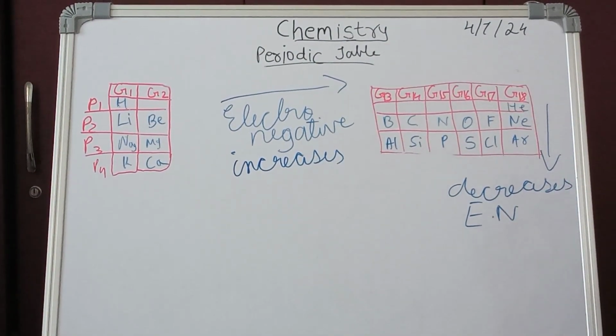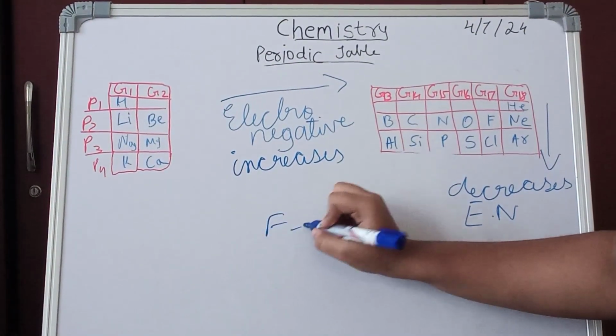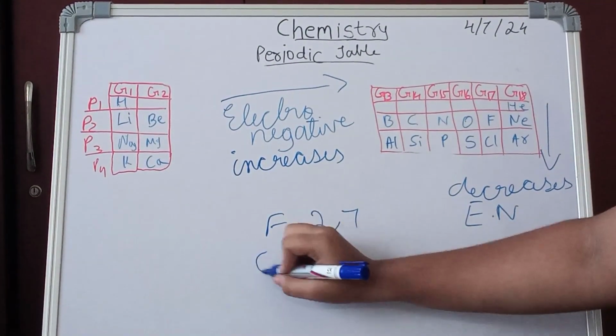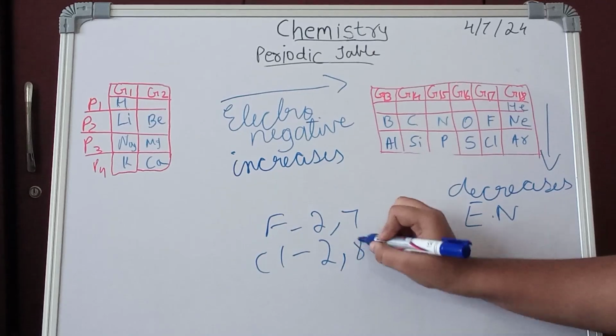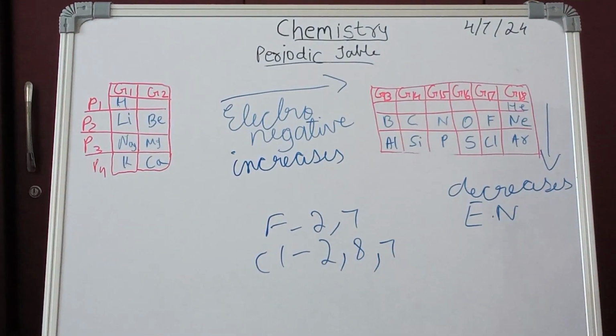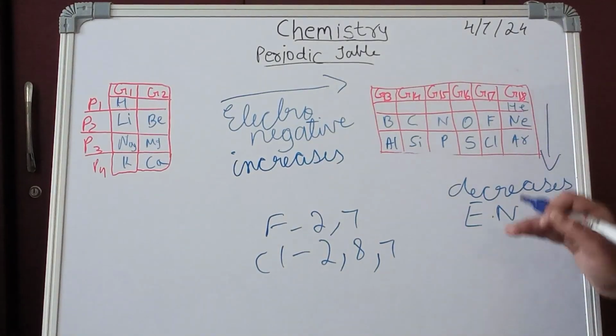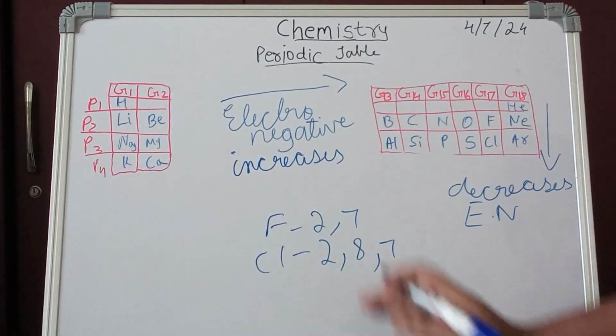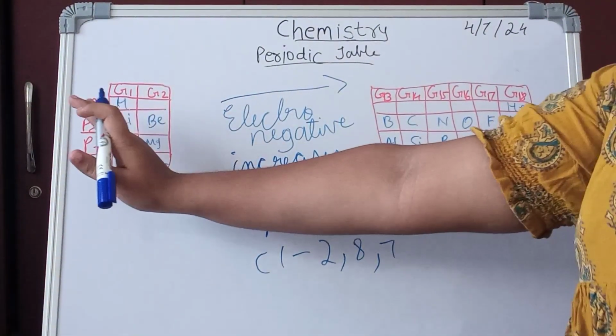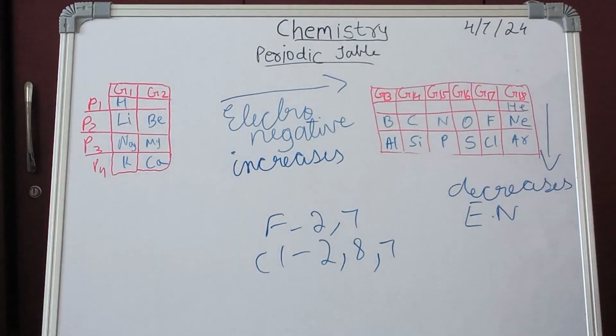Fluorine's atomic number is 9, 2, 7. Chlorine's atomic number is 2, 8, 7. Since chlorine's shell increases, its electronegativity decreases. Number of shells increases, electronegativity also decreases. So top to bottom electronegativity decreases, and electronegativity increases from left to right.